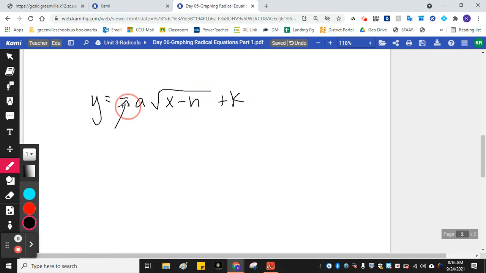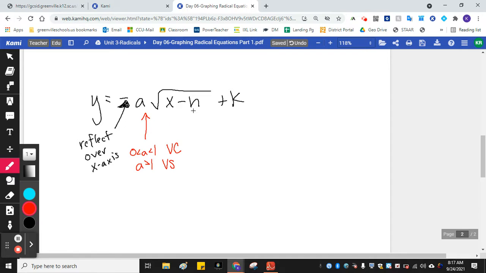The negative is a reflection over the x-axis. The A, if it is between 0 and 1, so 0.5, 0.25, it's a vertical compression. If A is greater than 1, 2, 3, 4, it's a vertical stretch.